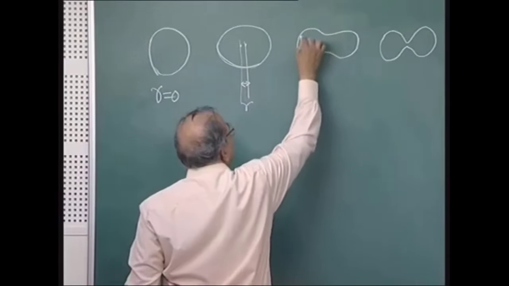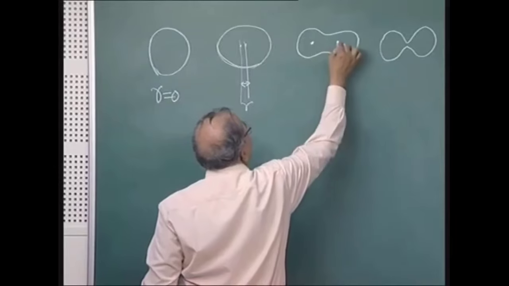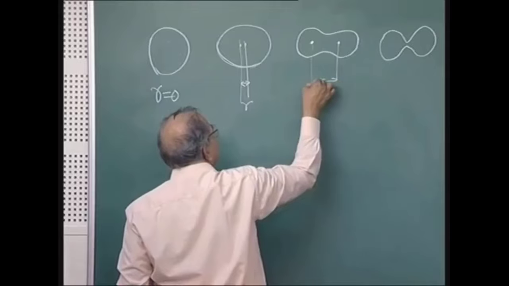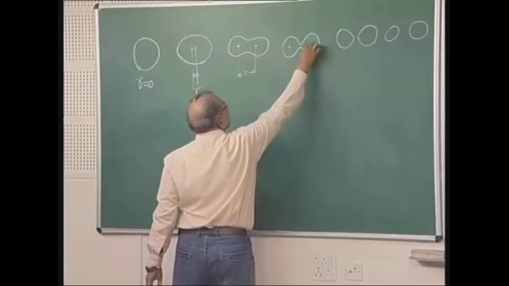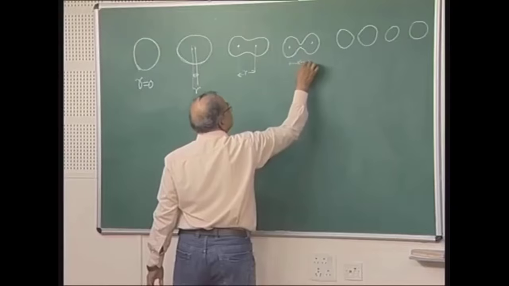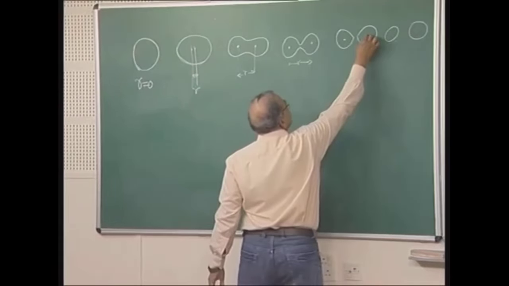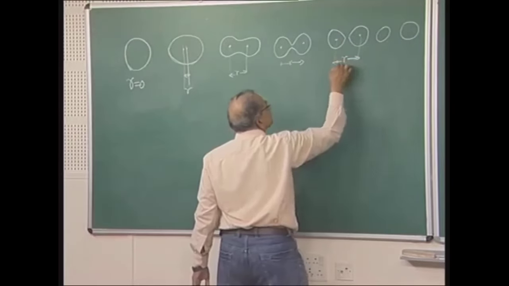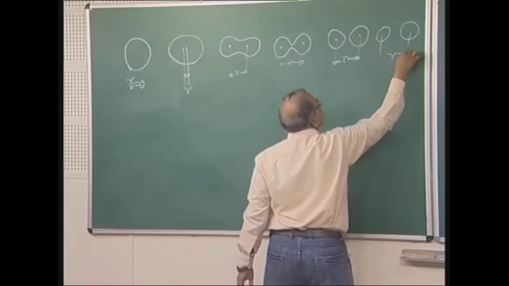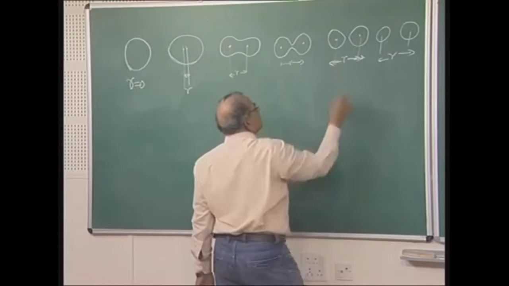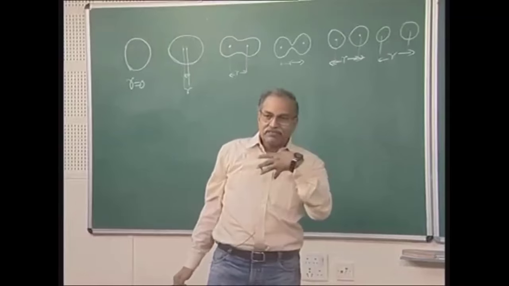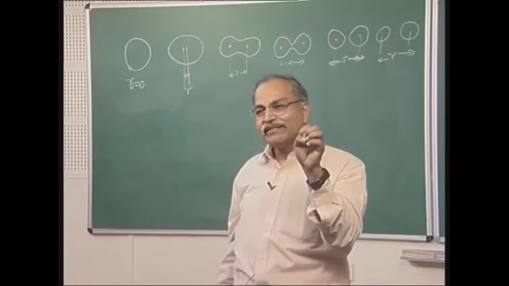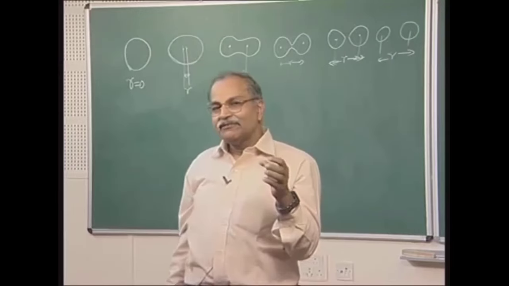Here this lobe is somewhere here and this lobe is somewhere here, so the deformation has increased. So, this is r. Similarly, here this is r. It is increasing. This is how he quantitatively defined how much deformation there is in the intermediate states.